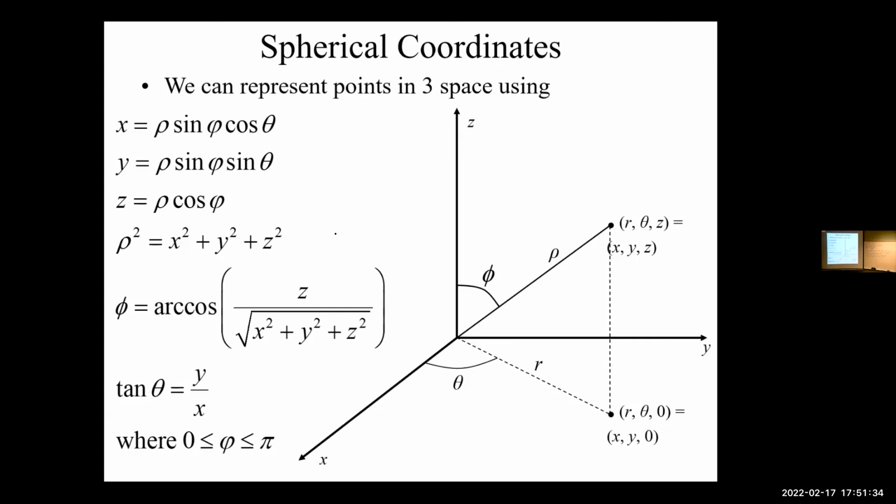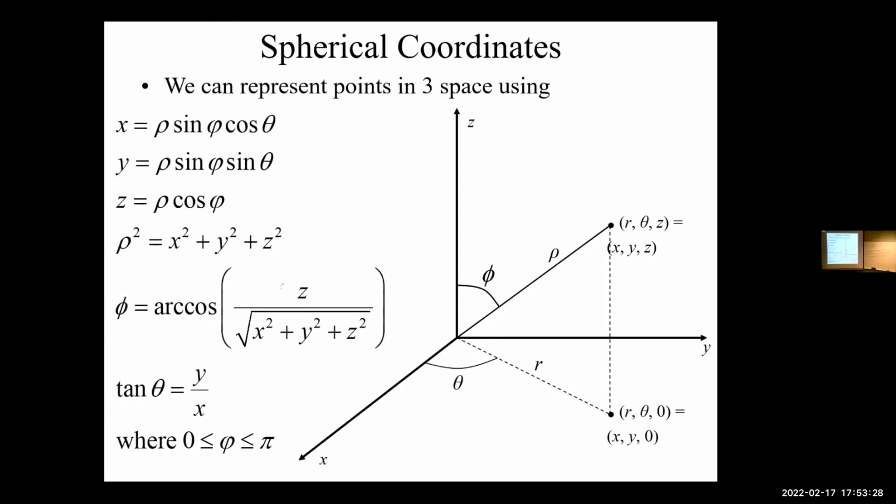So basically, rho sine phi is taking the place of R from our polar equations, and rho cosine phi takes the place of our Z. Again, it's just all right angle trig. Rho squared is x squared plus y squared plus z squared. That's basically from our distance formula in 3D. We're going to have all the formulas. It's just going to be a matter of knowing how to use them.